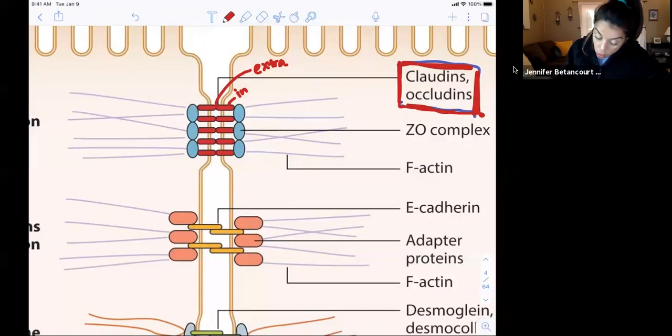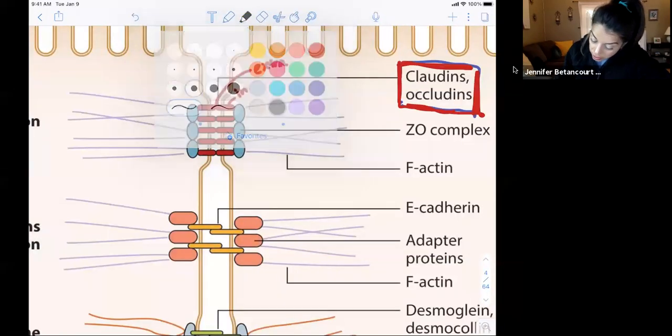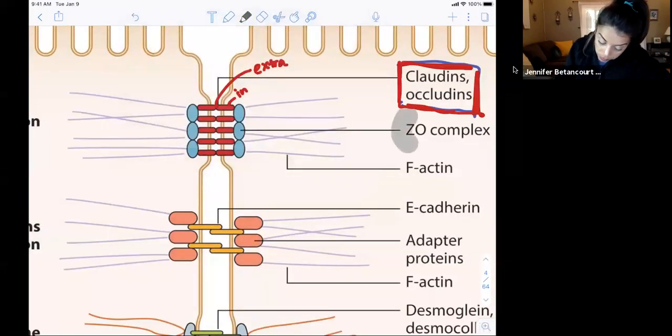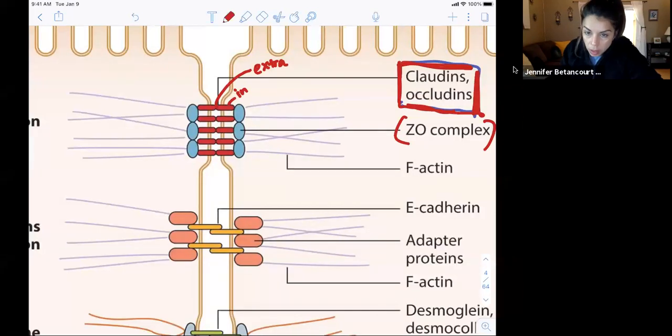So you don't have to worry about this for now, or for this class. We'll just put this in parentheses because I do want you to know that it exists, but we don't really need to know about it in this class. Okay, the next thing you have are actin molecules.